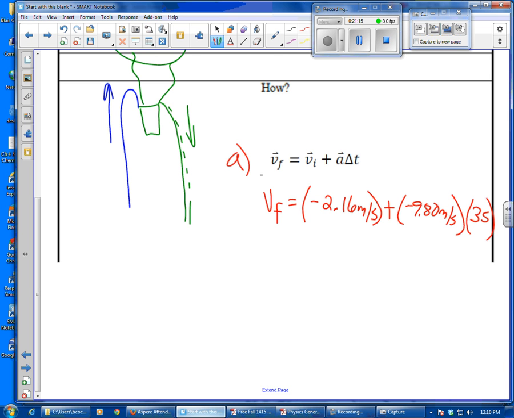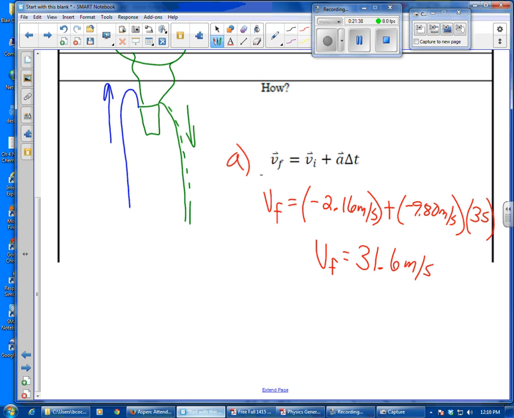And am I speeding up during this time? Yep. So I end up at negative 31.6 meters per second. And they ask me, what is the speed? So should speed be positive or negative? Positive because it's just a scalar.